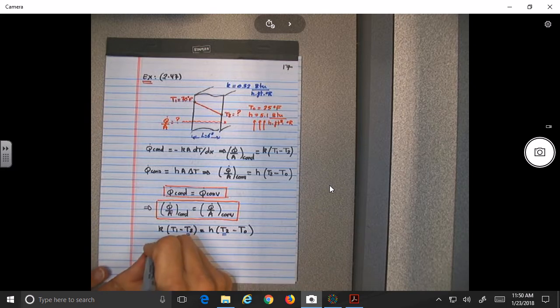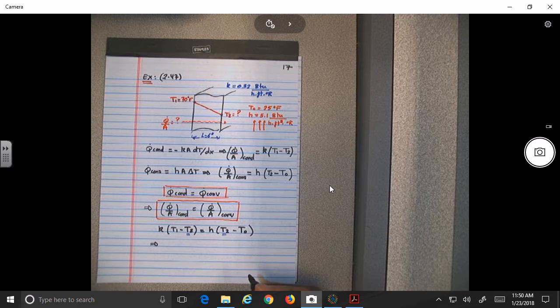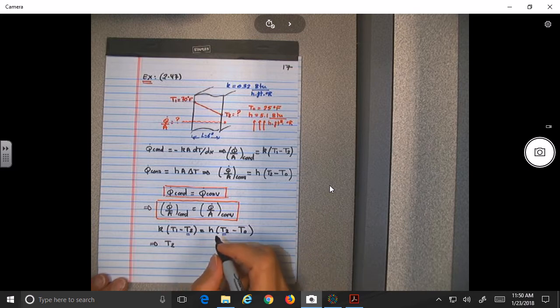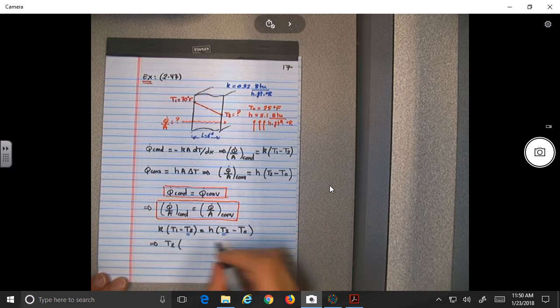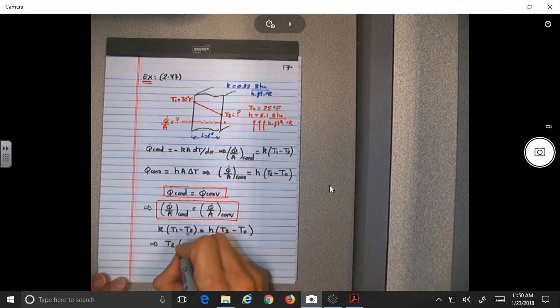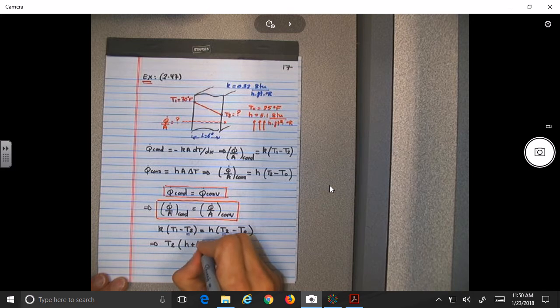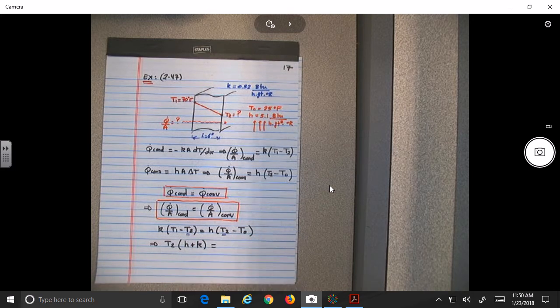Okay, so this will give you what? T2. So we move everything to the right. If I move this one to the right, it will be H plus K. And I should move it to the other side, sorry for that.